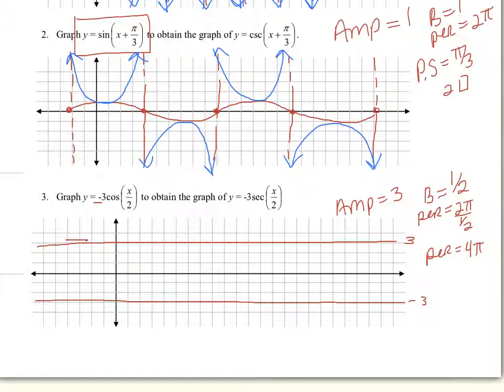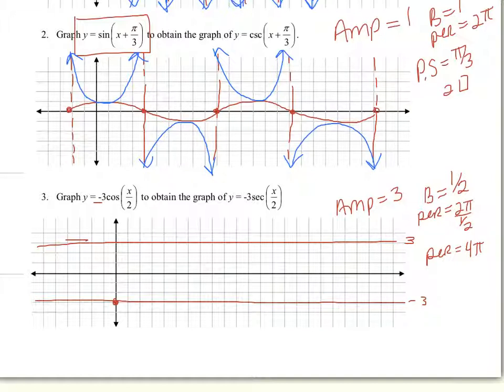Okay, so the period is going to equal 4 pi. All right, so this is an upside down cosine. So it's going to start down here, and then the period is going to be 4 pi. So let's see if I can count these boxes over correctly.